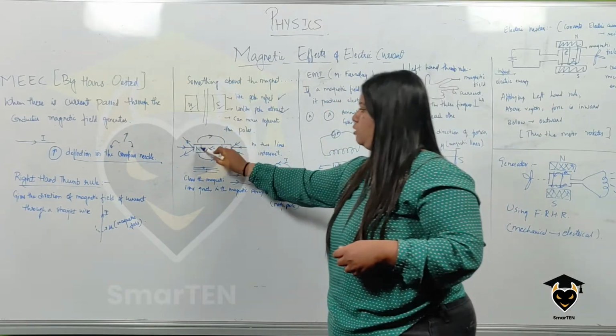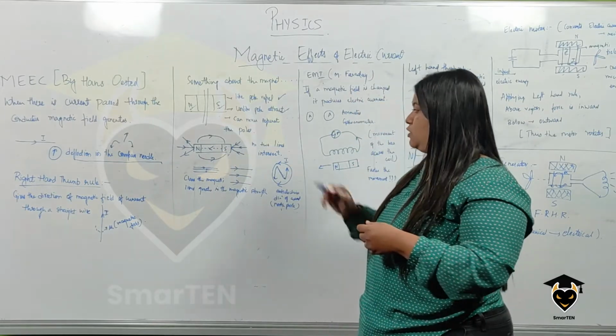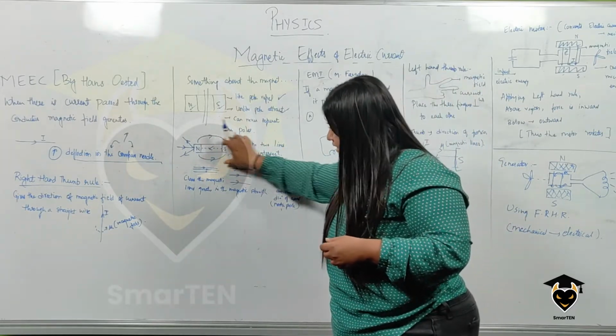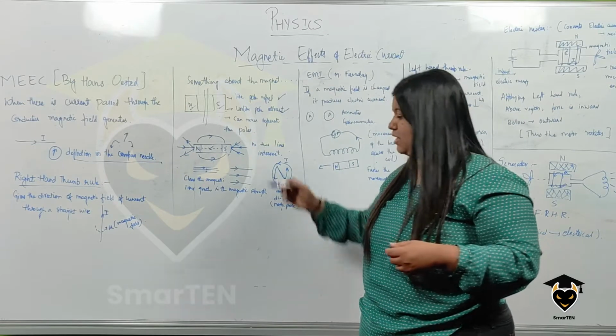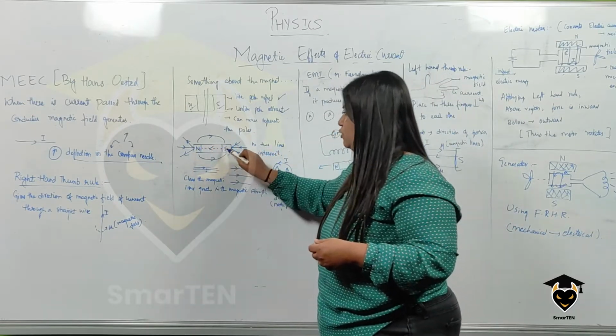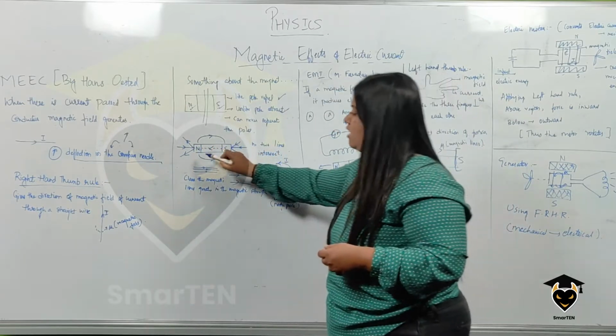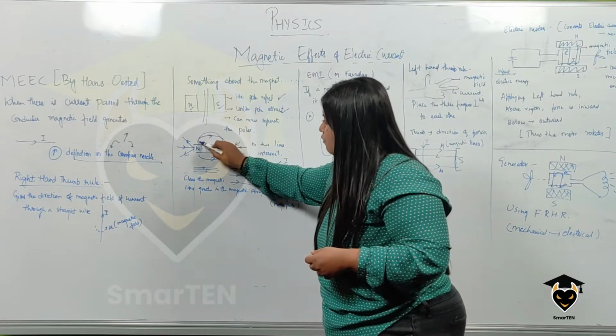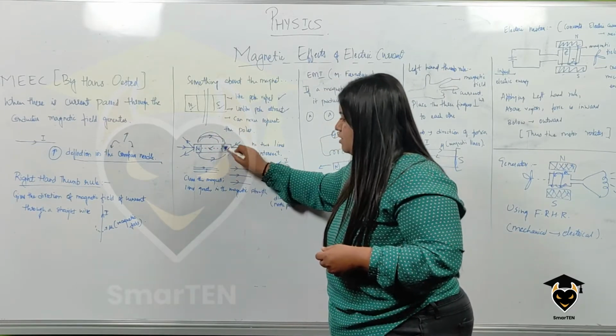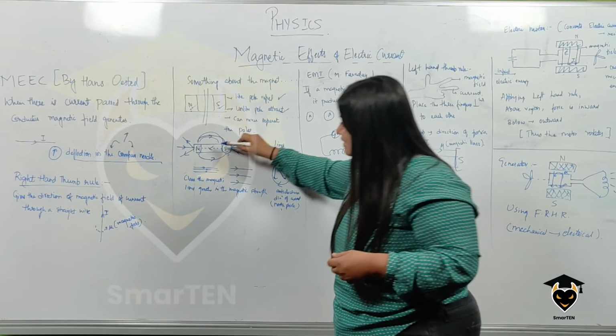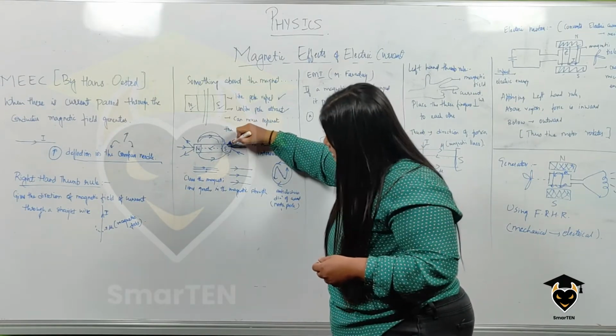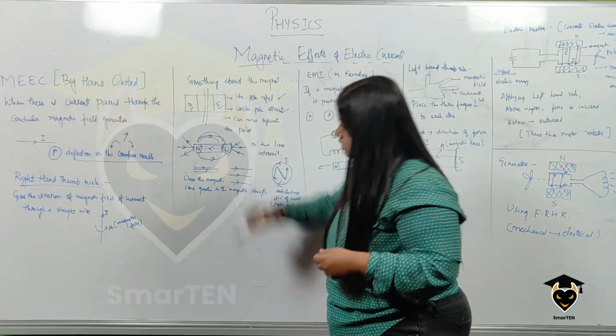Outside the magnet, the magnetic lines flow from the north pole to the south pole, as I've shown you, whereas inside the magnet the lines flow from the south to the north.